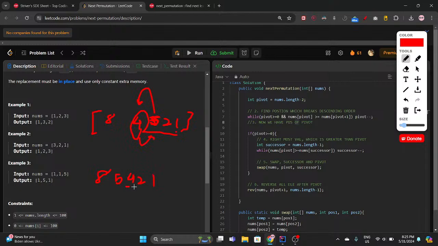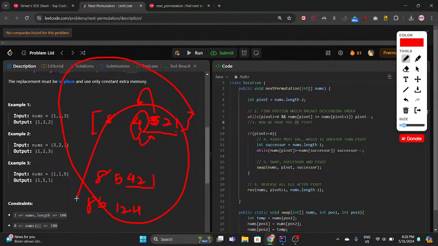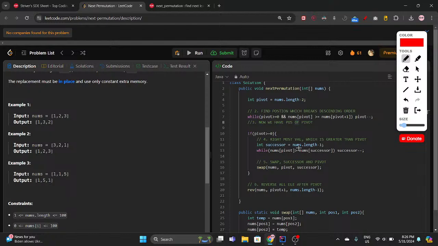After this, we will reverse the whole thing. 8, 5, 1, 2, 4. Today also I was not able to do this because there is a rote portion. So that is why it is not asked by companies as well.